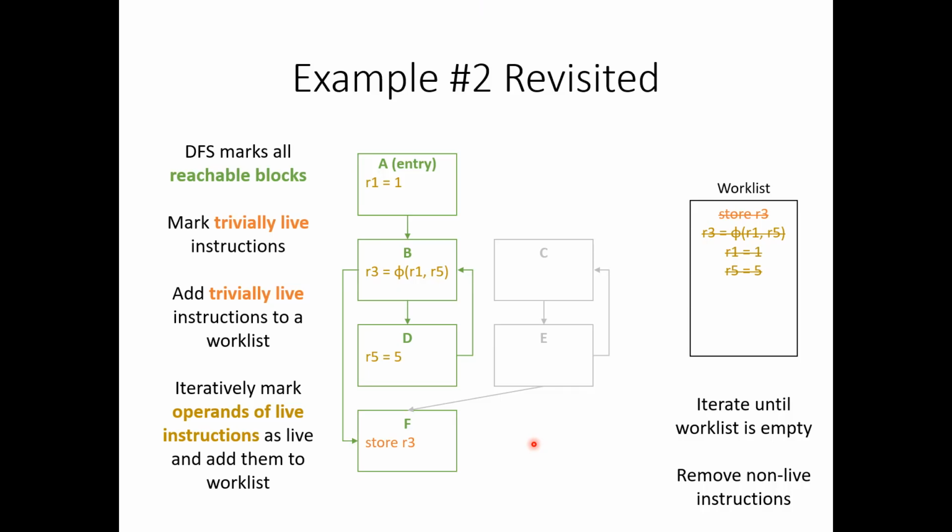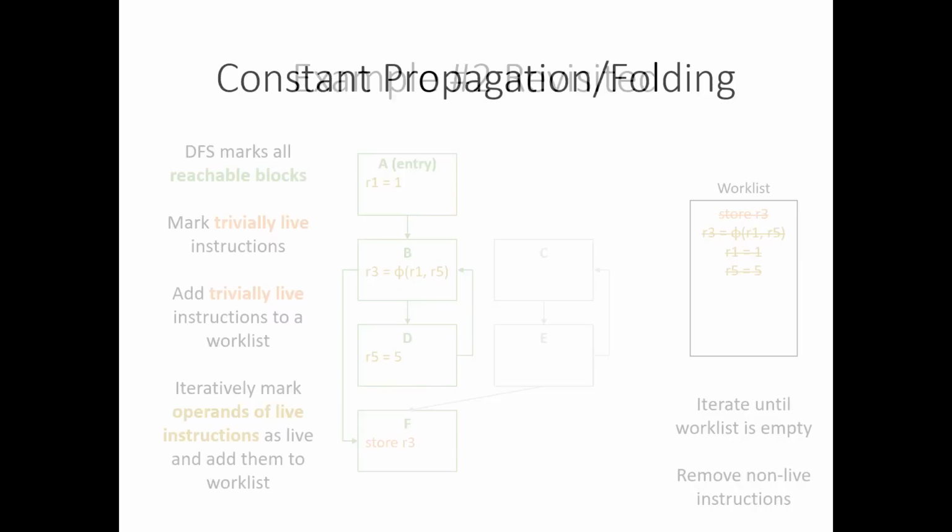Okay, great. So now let's move on to the next two optimizations, which are constant propagation and constant folding. Okay, so what do you think constant propagation and constant folding are? I think we talked about them before. What's constant propagation?